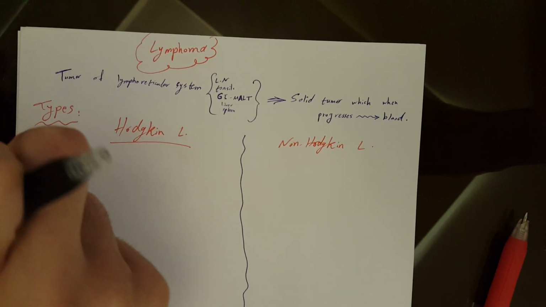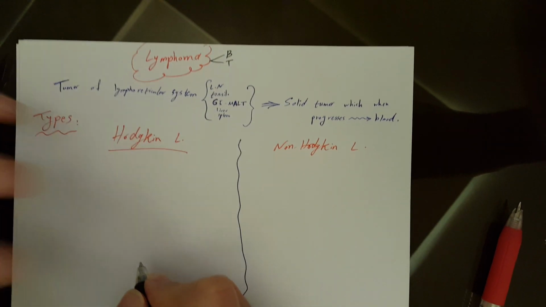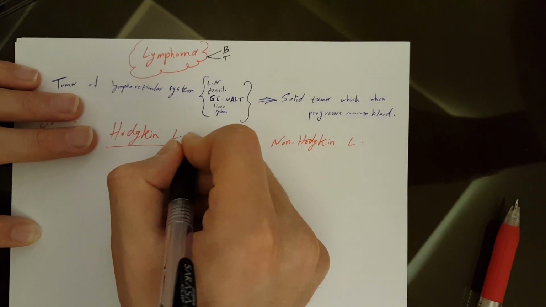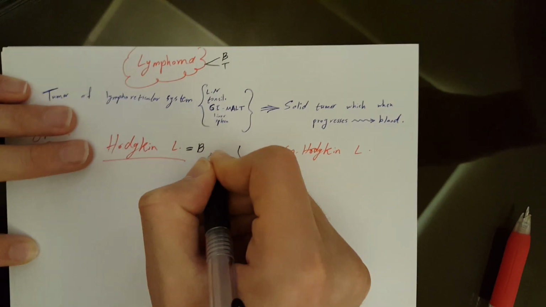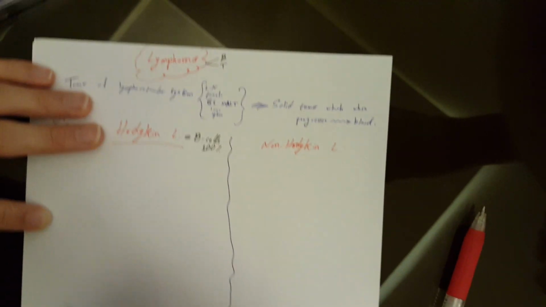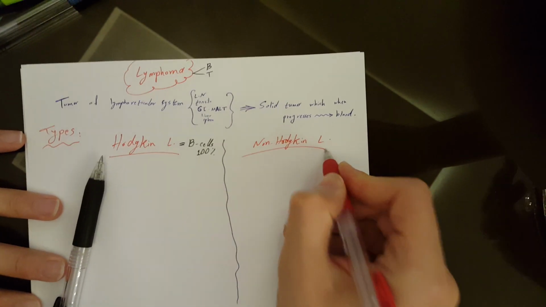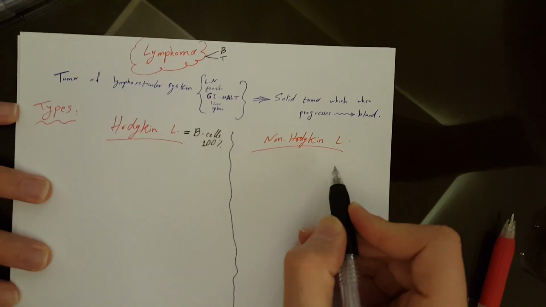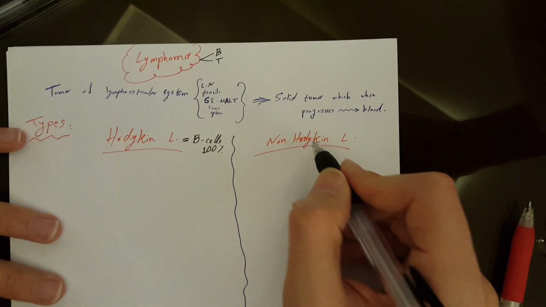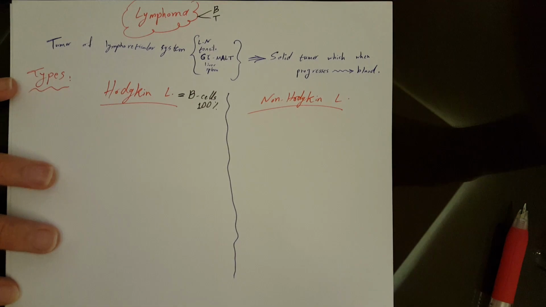Remember, in lymphomas, you had two types of lymphocytes. You had the B lymphocytes and the T lymphocytes, the major types. You also have others. So when you say Hodgkin, it is 100% a B cell tumor. So this is B cells, 100%. While if you say non-Hodgkin lymphoma, this is mainly a B cell. B cells are like 85%. Okay? We'll write it here when we say the classification.